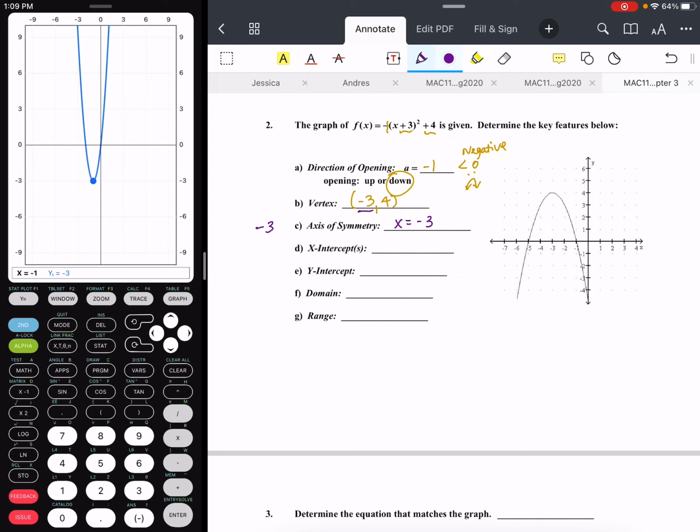So if you write the axis of symmetry as -3, that's wrong. Make sure you give me an equation of a vertical line. So here, our axis of symmetry, we could draw a dashed vertical line at x equals -3. Our x-intercepts, we can see visually that we have (-5, 0) and (-1, 0).